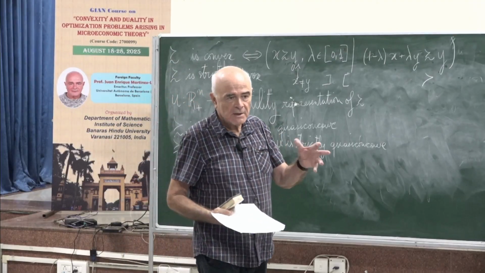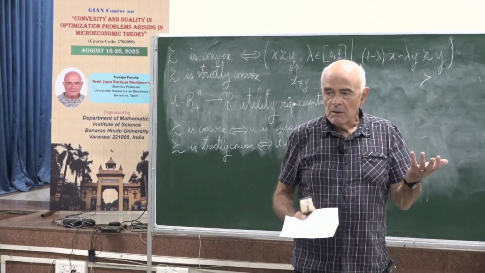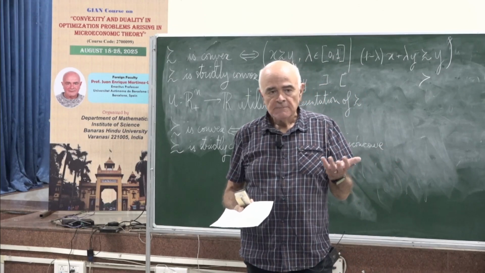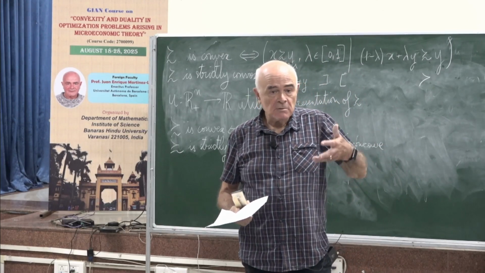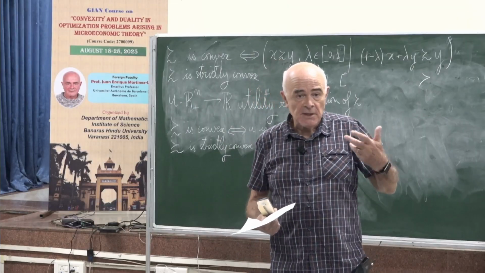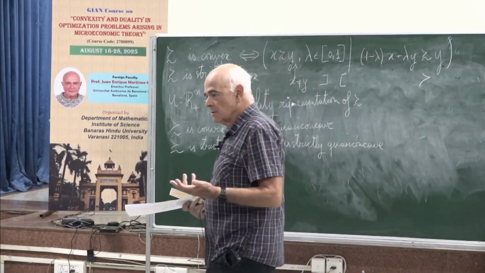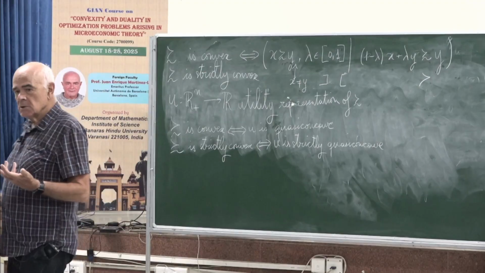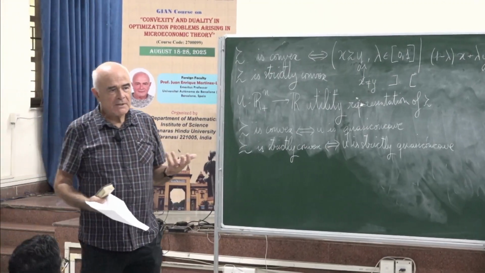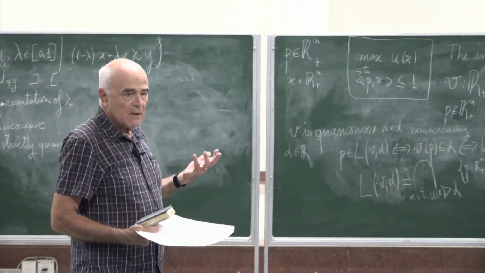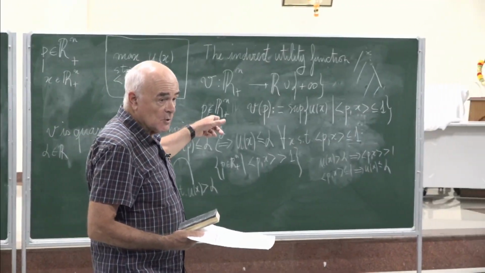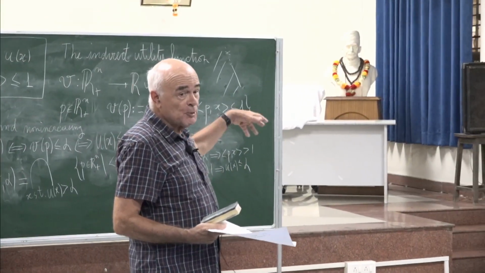And in Rockafellar's case, lower semi-continuity played a crucial role. Then Jean-Pierre thought it should be the same here, and he succeeded in developing a theory. But it was quite complicated, and he thought this was my mistake, he said, because I should have considered this notion, but it was not so popular in those times.